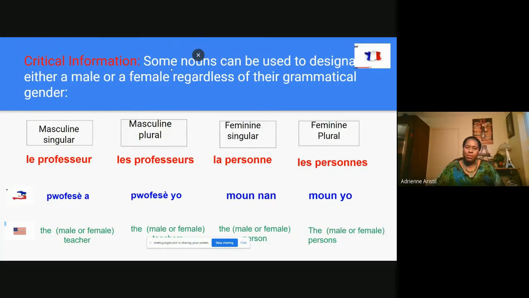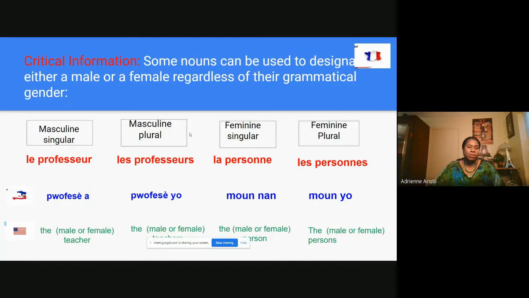We continue with some more critical information about nouns. Some nouns can be used to designate either a male or a female regardless of their grammatical gender. For example, masculine singular, you say le professeur.